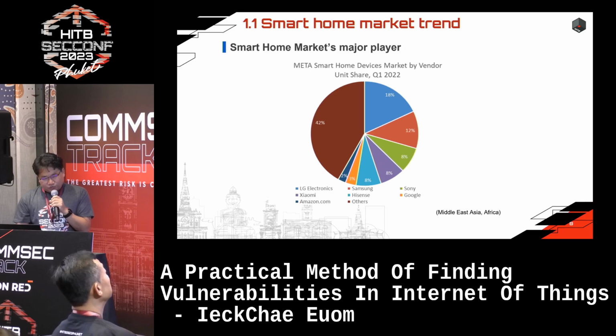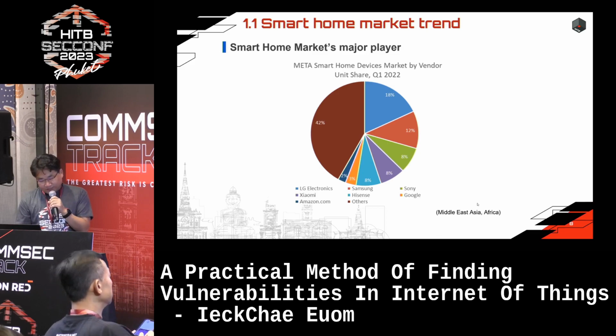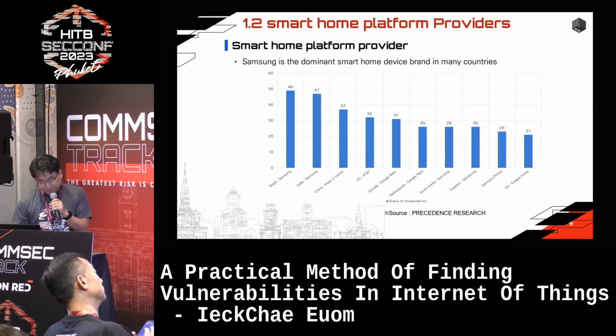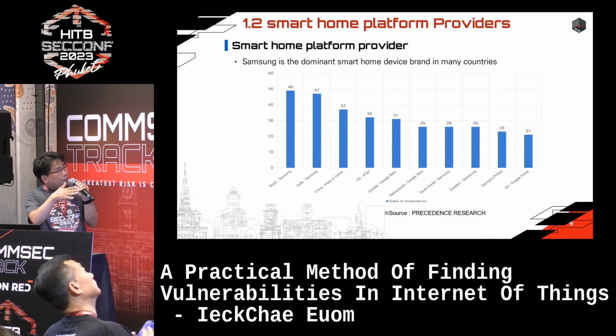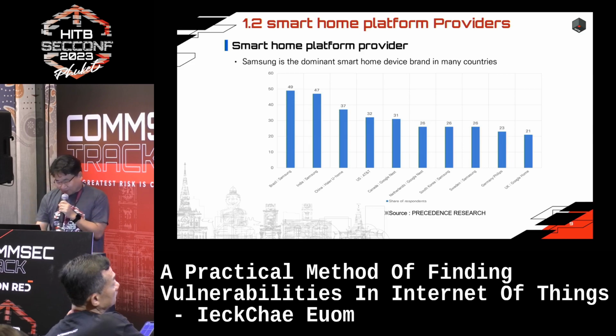As you may have heard, the major player in the smart home market is maybe Xiaomi. Xiaomi is a big player worldwide, and especially in Asia and Africa, Samsung SmartThings is the major player. This picture shows the Samsung SmartThings platform as the dominant player in this specific country.